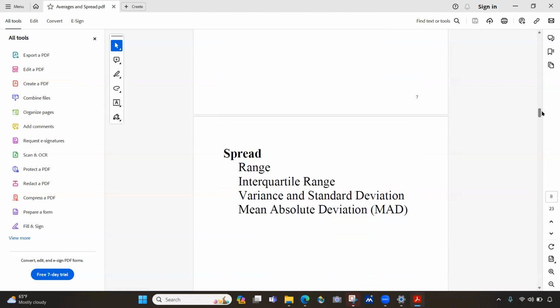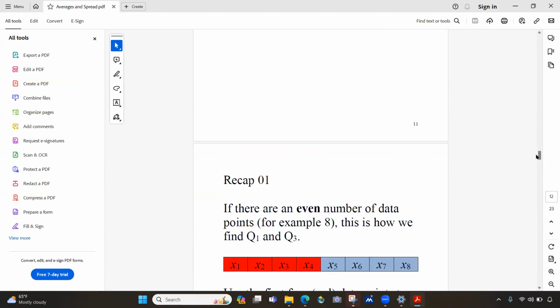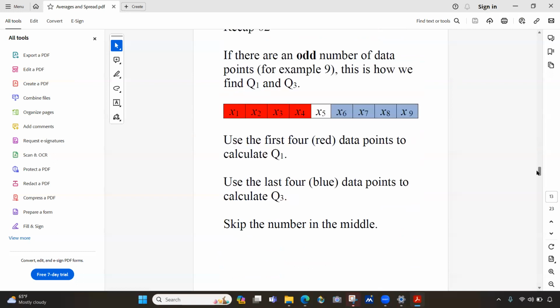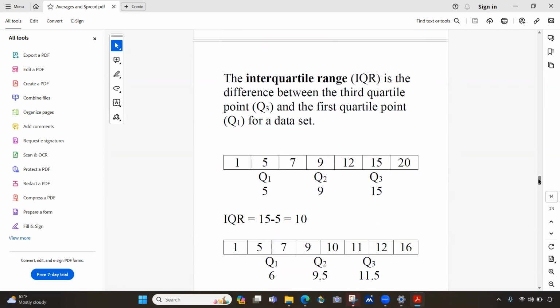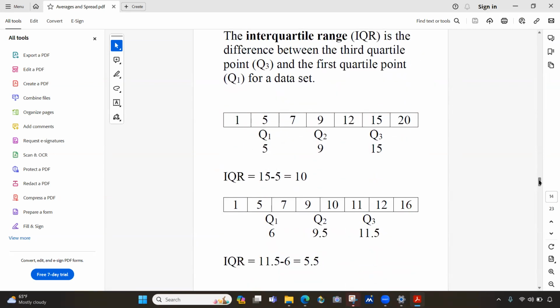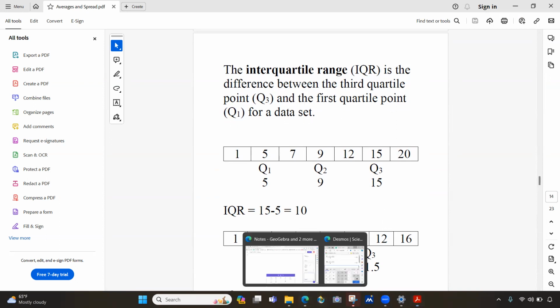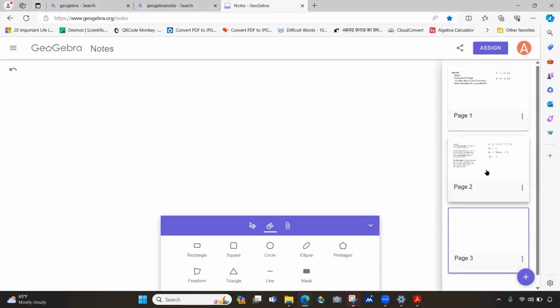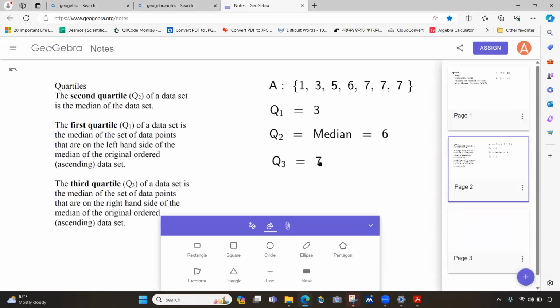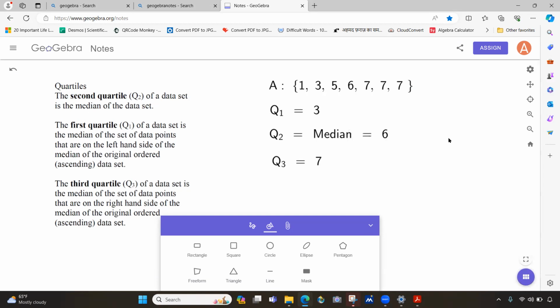Now, what's interquartile range? IQR. So interquartile range is a fairly straightforward concept, guys. IQR is the difference between the third quartile, Q3, and the first quartile. What does that mean? Well, you just look at Q3, which is 7, minus 3. 7 minus 3 is 4.